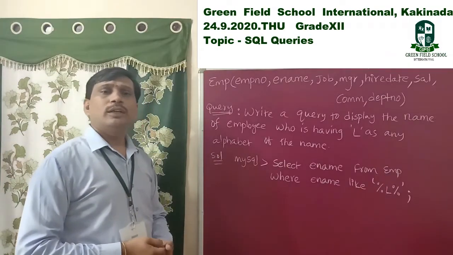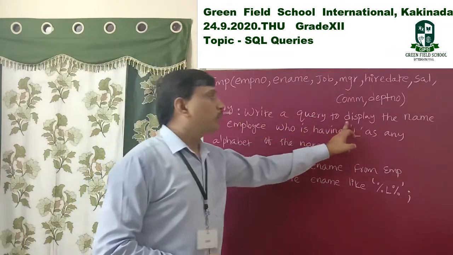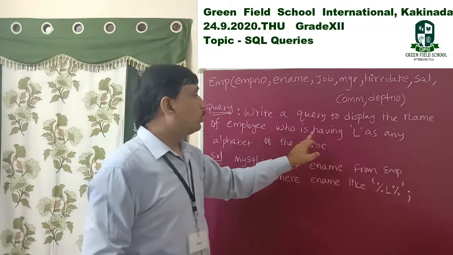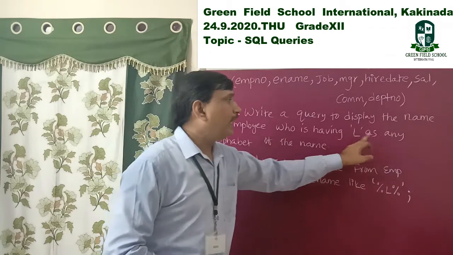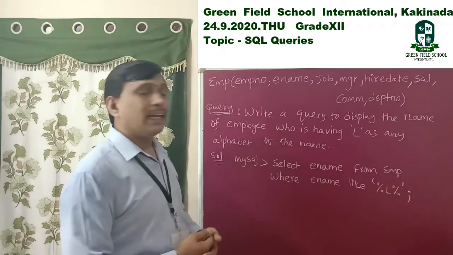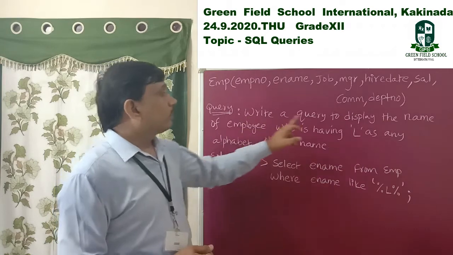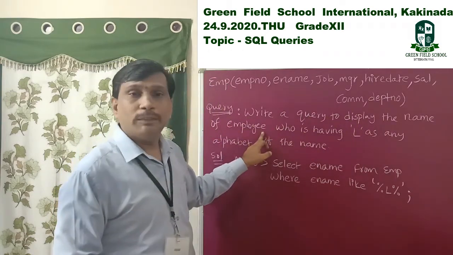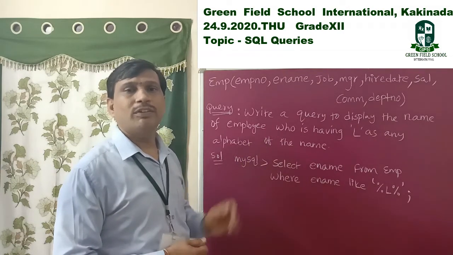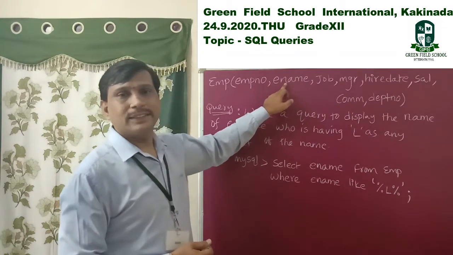So coming to the next query, they are asking: write a query to display the name of employee who is having capital L as any alphabet of the name. Which condition are they asking? To display the name of the employee. For the name of the employee, generally we write the LIKE operator for names, titles, characters.